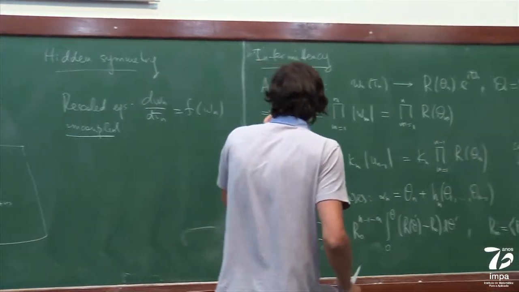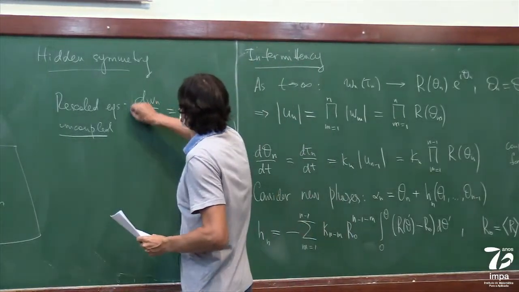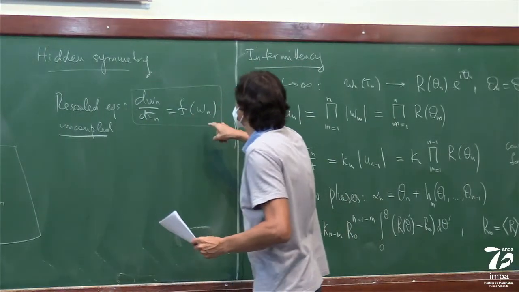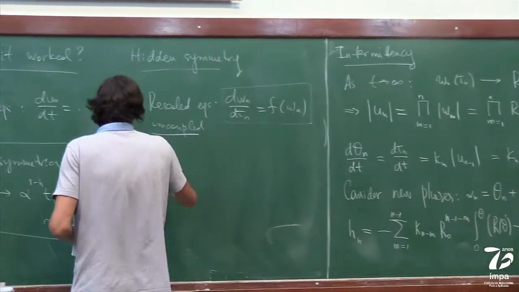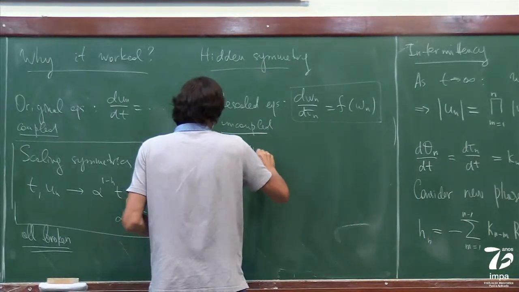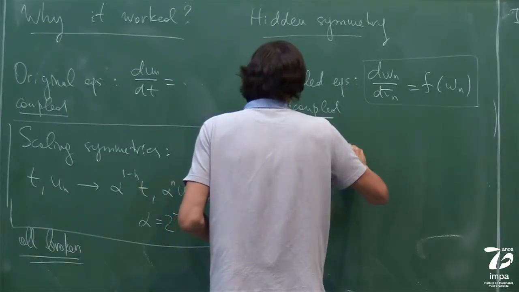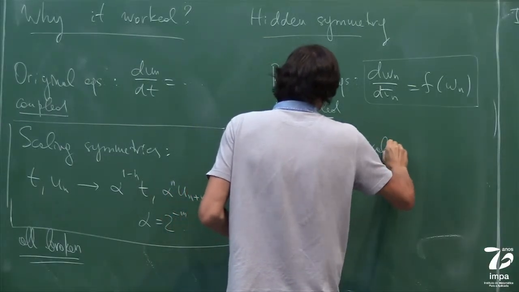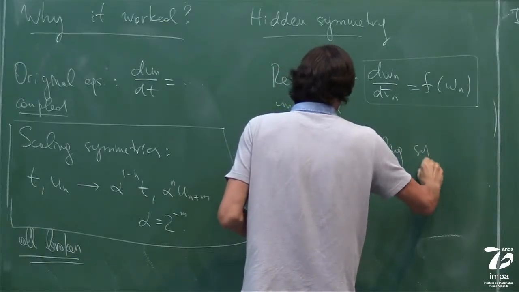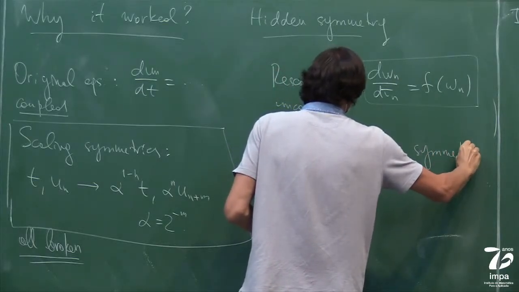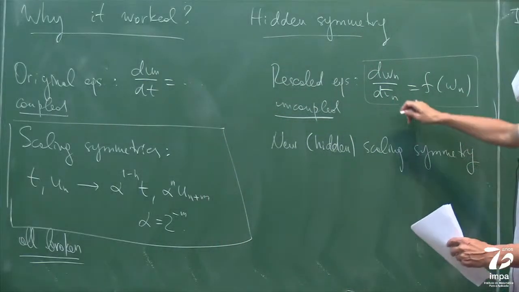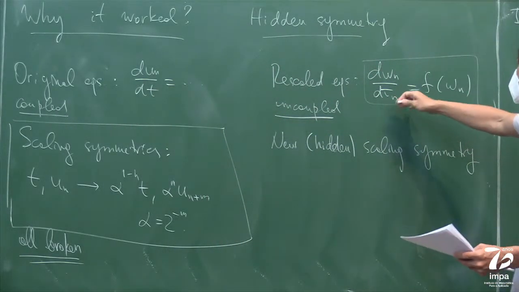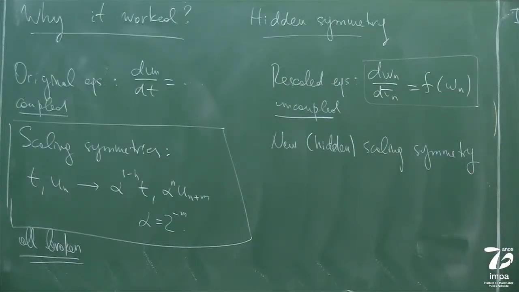But this equation has a different scaling symmetry. So the new hidden scaling symmetry. And this symmetry, in terms of this equation, is very trivial.